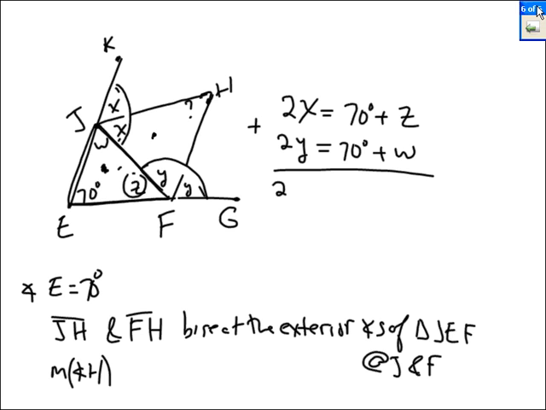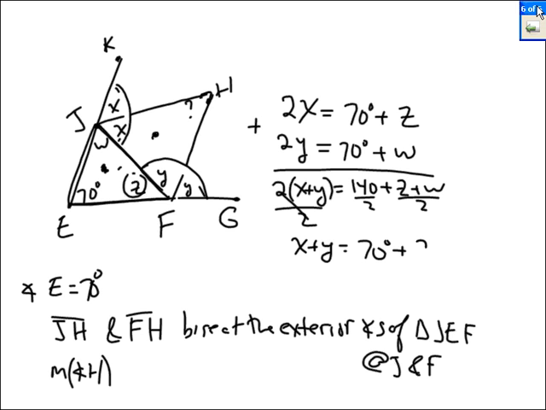Because if I knew in this triangle what x plus y was, then I know what angle H is. 2 times x plus y is 140 plus Z plus W. Dividing by 2, I learned that x plus y is 70 degrees plus half of Z plus W.